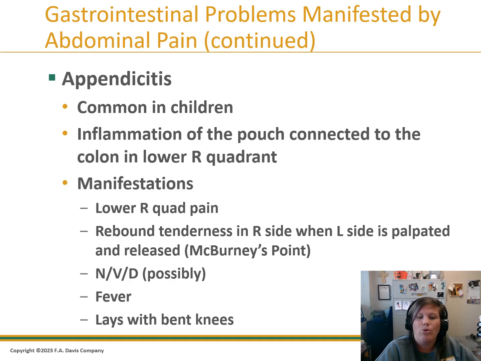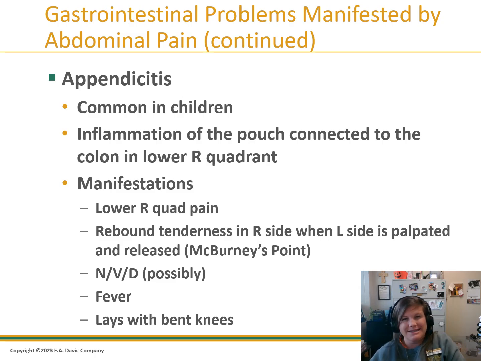This lower right quadrant pain can be evaluated using what they call McBurney's point, okay? And what they typically see with this is that there's what they call rebound tenderness. So when the left side is palpated and released, the tenderness occurs in the right side.